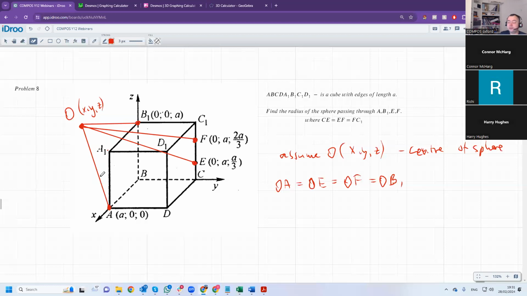Three equations with 3 unknowns. Fantastic. Lovely. All right, then this allows you to find x, y, and z, and that allows you to find the radius as well, which is equal to the radius of the sphere.